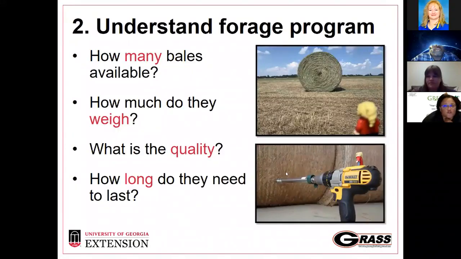Then if you're going to purchase your hay, should you ask for a forage test before you purchase? Ideally, in a perfect world, we would sell hay in terms of quality or in tons of nutrient rather than in tons of hay. But I think I'm going to work my entire career to get to that point.